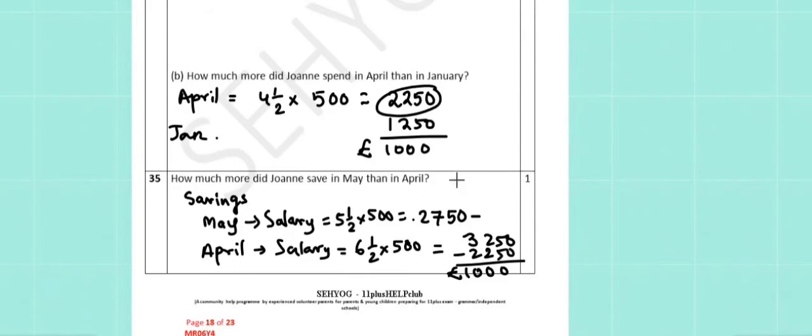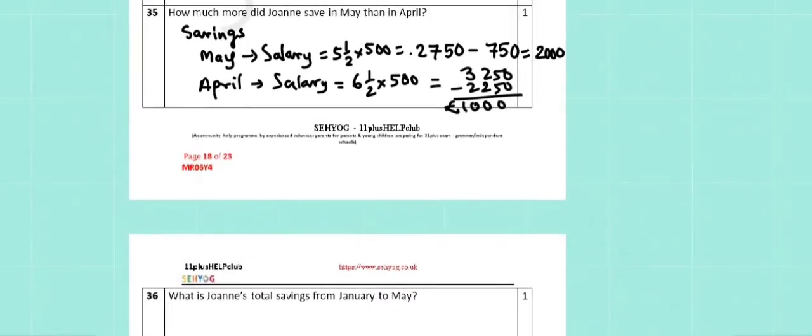So that will give us her savings in May. So when we subtract the expenses from the salary for May, so 2750 minus 750, we get 2000 pounds. Again for April it is 1000 pounds.